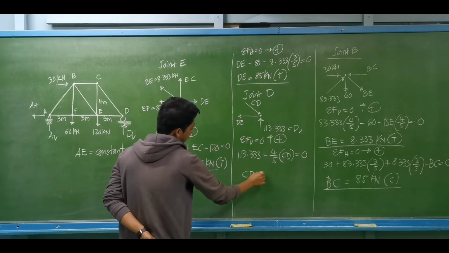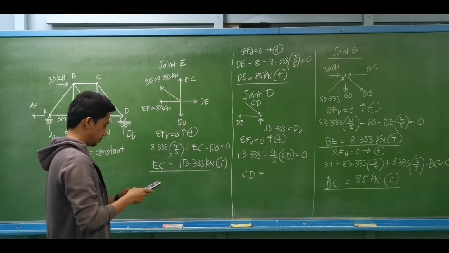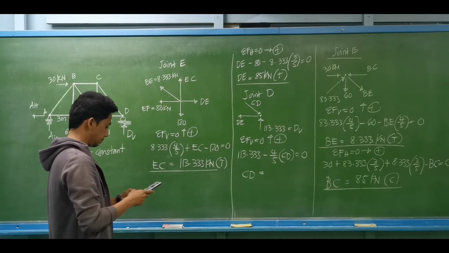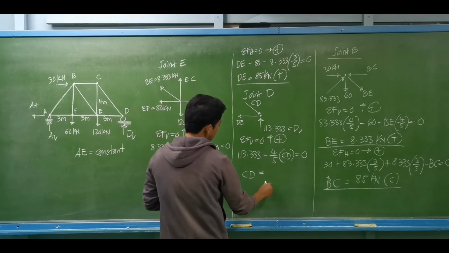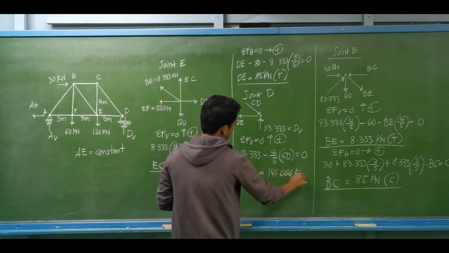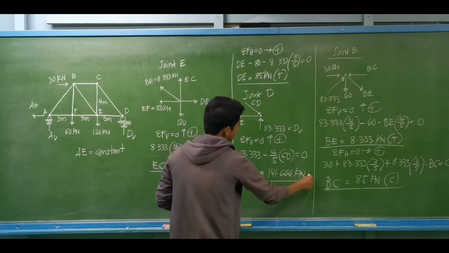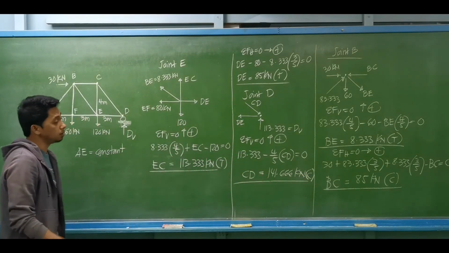So you have the axial force for member CD is equal to 141.666 kilonewtons, and this is under compression. So we have the axial forces due to real loads.